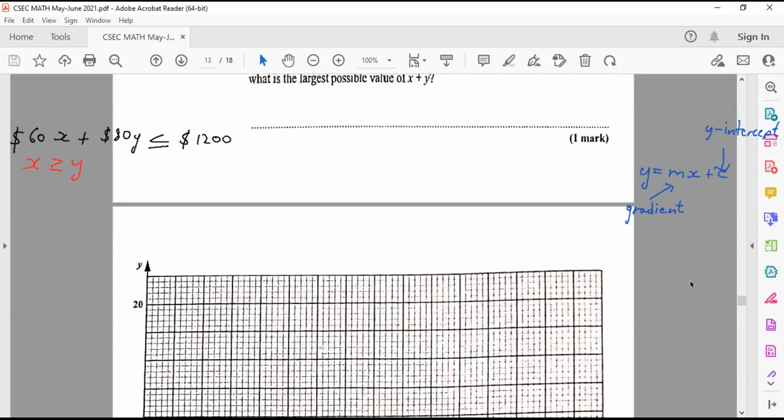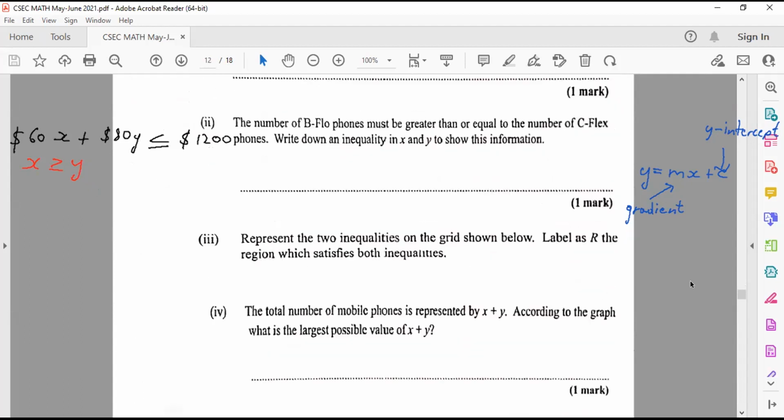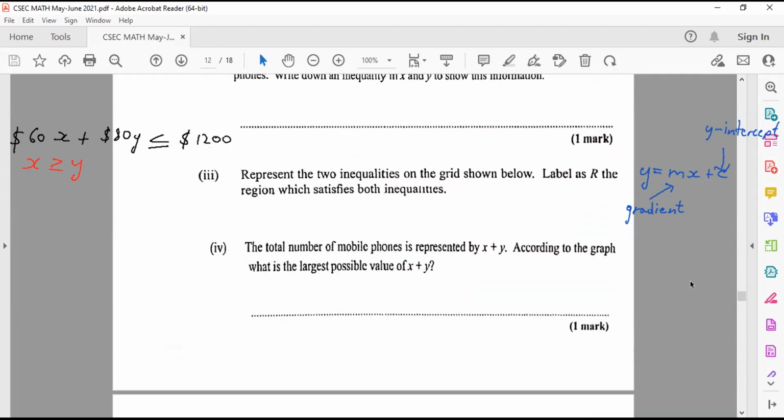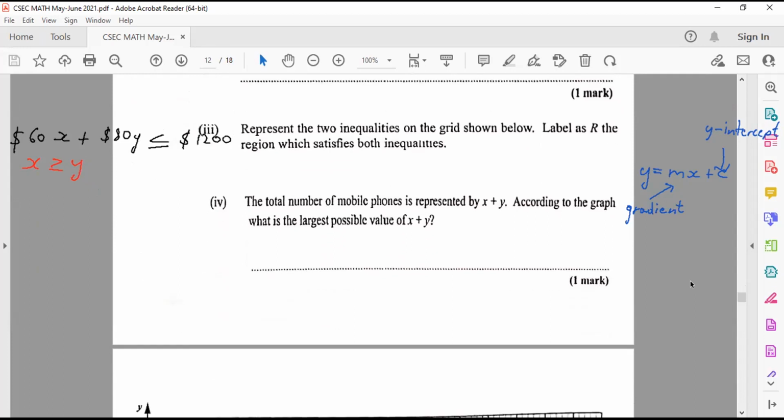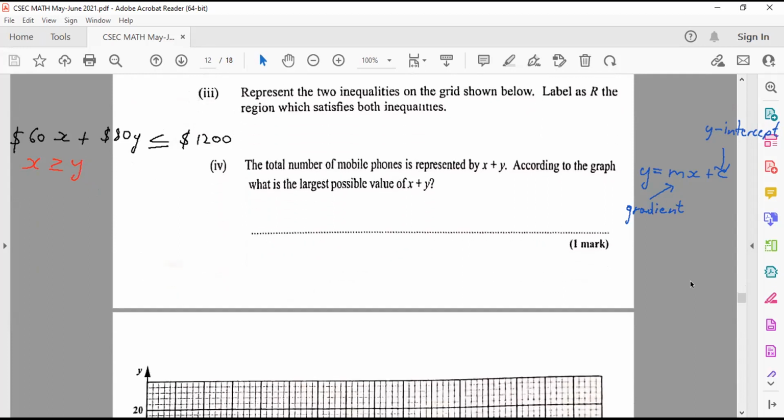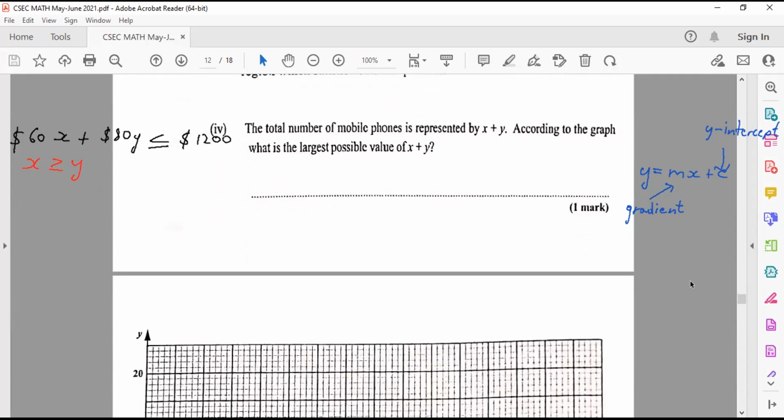Aha. It says represent the two inequalities on the grid shown below. Label as R the region that satisfies both inequalities.